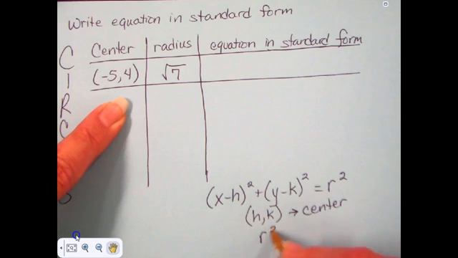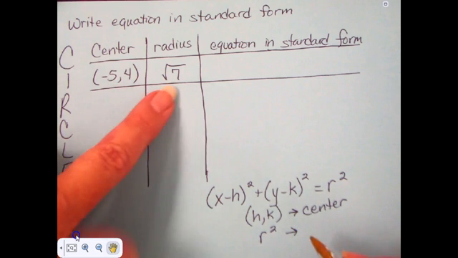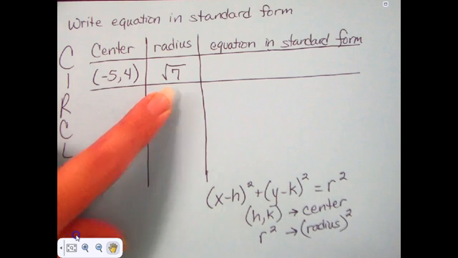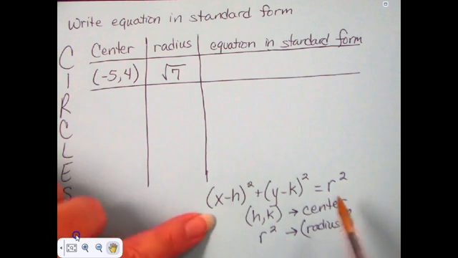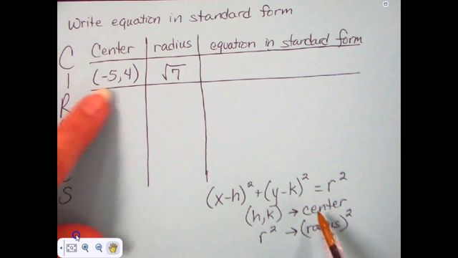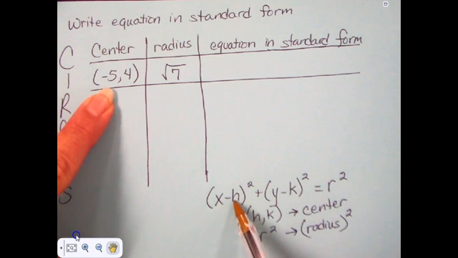And r squared is the measure of the length of the radius, that measurement squared. So in this example, if I know what the equation in standard form is supposed to look like, I can take the x value of the center and take the opposite of that. That's what this minus means.